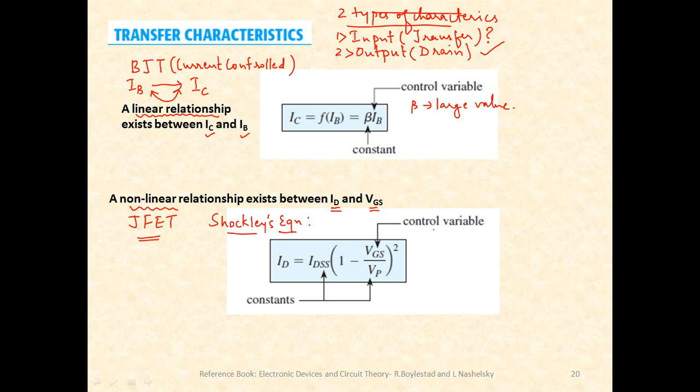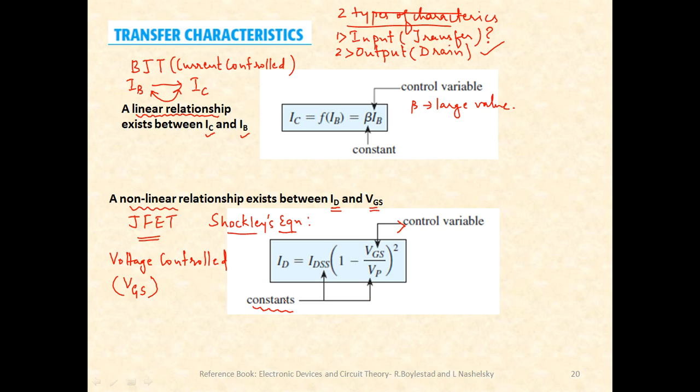Since JFET is a voltage controlled device, and the voltage that actually controls the JFET is VGS, VGS is termed the control variable. What about the constants? IDSS and VP, the pinch off voltage, both of them are constants, right?